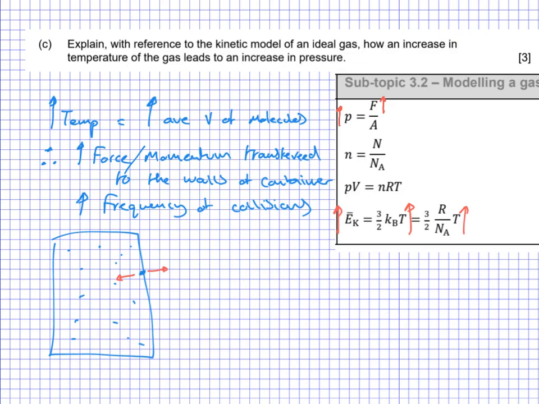And so that's the last piece of this. We would say, therefore, increasing pressure is because pressure is equal to the force over the area. So if the force goes up, the pressure goes up. Okay, so that's the connection.